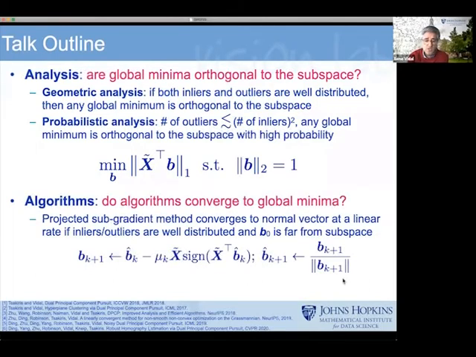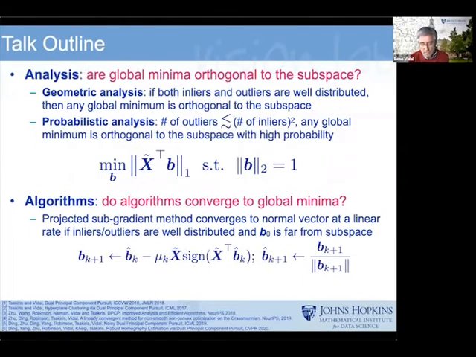The second part of the talk will focus on algorithms, whether we can design algorithms for solving this non-convex and non-smooth problem that have guarantees of converging to the global minimum. I'll consider maybe the simplest possible algorithm you could imagine, which is just a subgradient method. And we will show that it provably converges to a global minimum of the optimization problem with a piecewise linear rate.